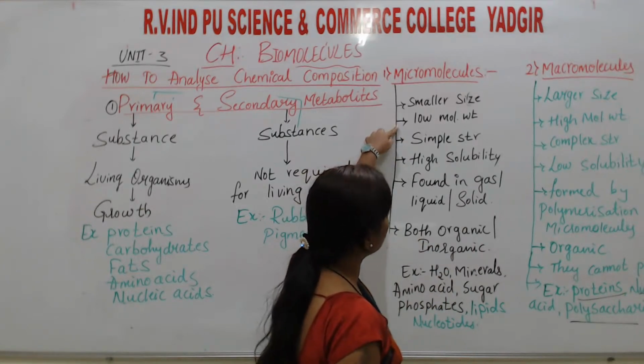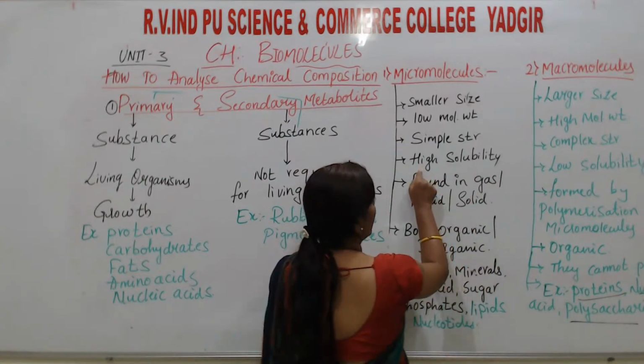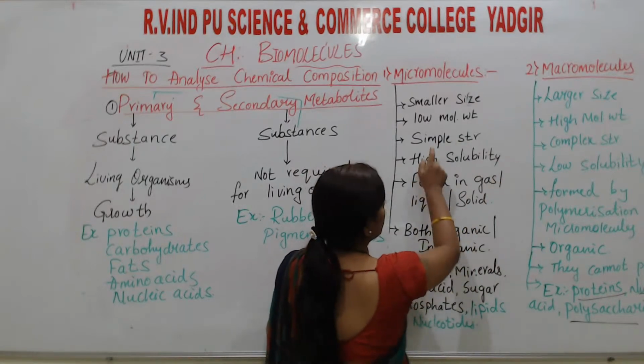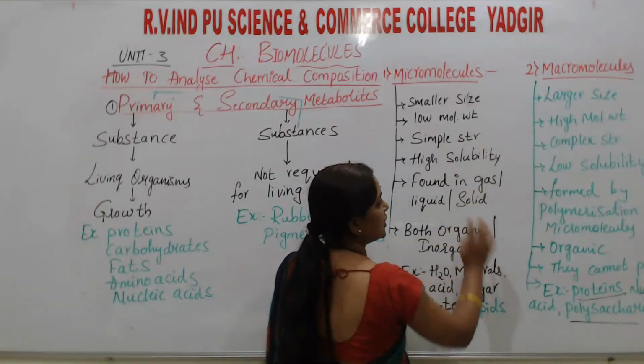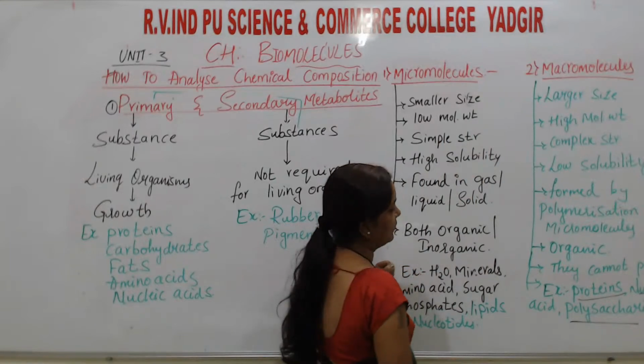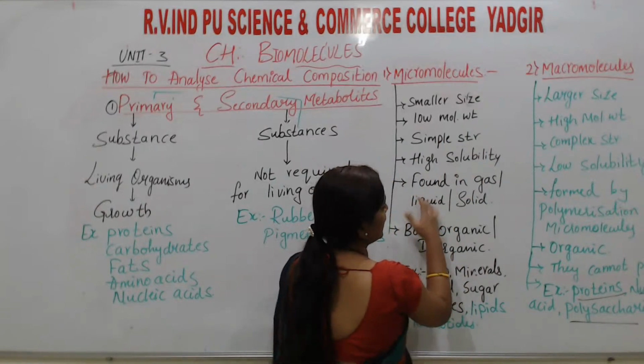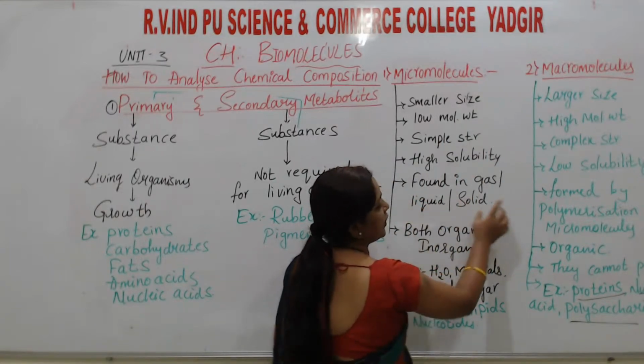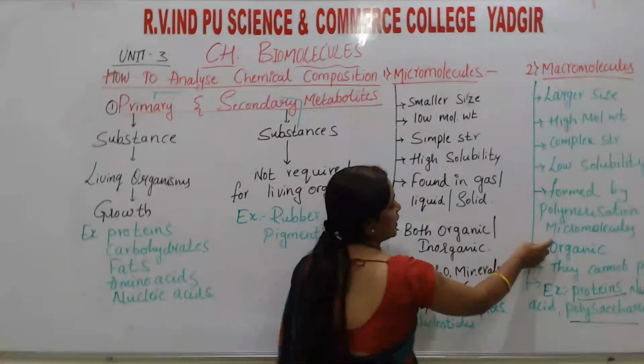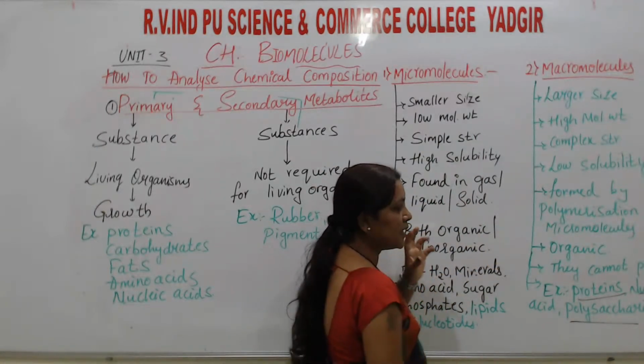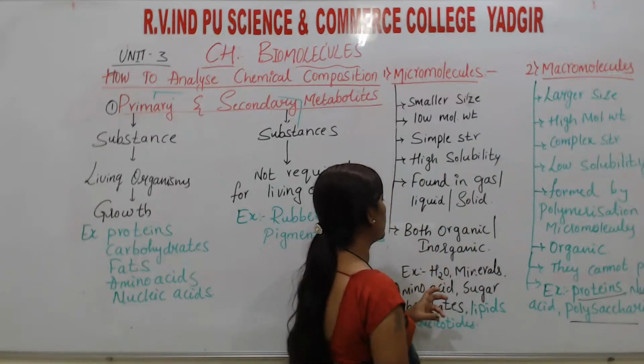Micromolecules have low molecular weight, high solubility, and a simple structure. Macromolecules have high molecular weight, low solubility, and a very complex structure. They are formed by the polymerization or condensation of micromolecules.